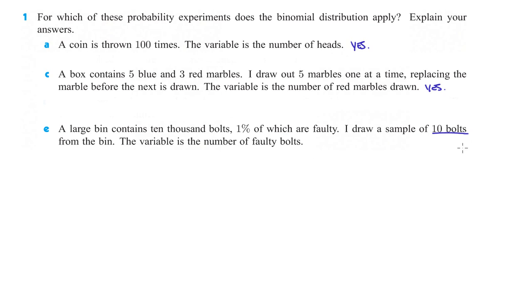So really that changes the probability each time because it's not a repetition of independent trials. Because you're taking 10 out at a time, you're not replacing. If you were to take one at a time and replace it, that would be independent trials, and then it would work. But this one, it would be no.